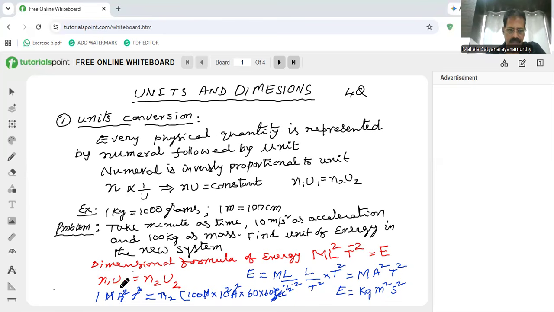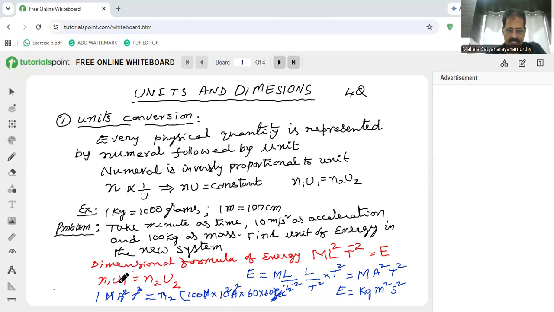So this formula only I have to use. You know that n1 u1 is equal to n2 u2. This is 1 joule, the old unit, with mass m, acceleration square, t square. In the new unit, n2 we don't know. But I take 100 kg in the new unit, and acceleration is 10, so 10 square a square.